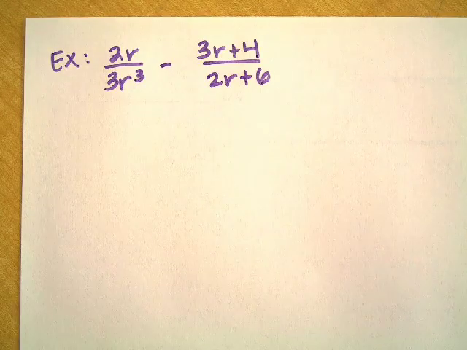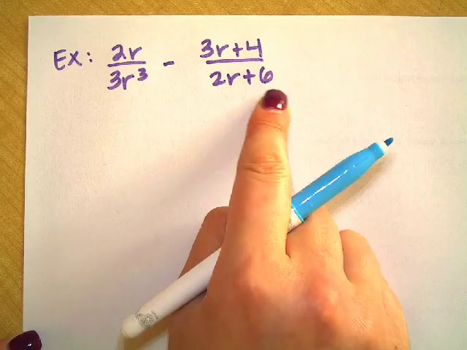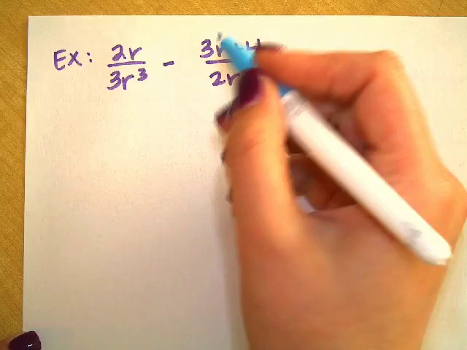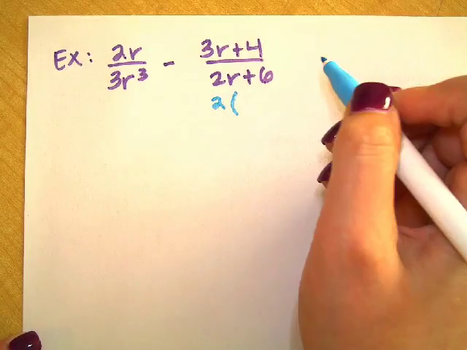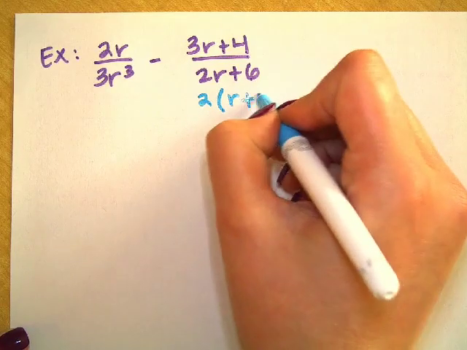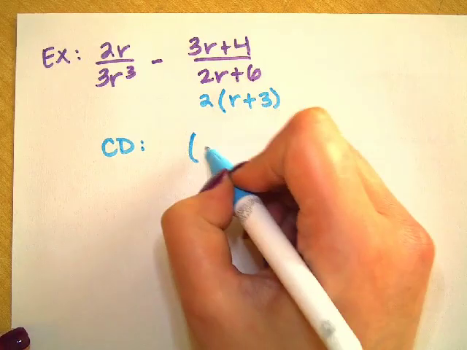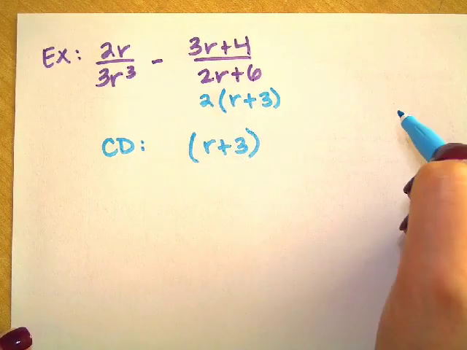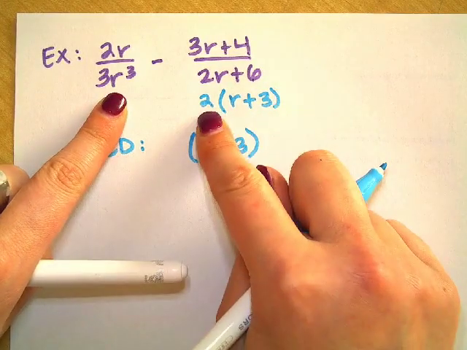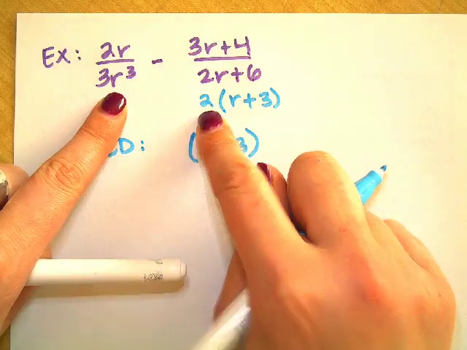Okay, so before we find a common denominator, we have to take this one and do what with it? Factor it. So that is a GCF of 2, and then r plus 3. Okay, so our common denominator needs to have the parentheses r plus 3. For sure has to have the parentheses. Okay, and then between the 3r cubed and the 2, what? 6r cubed.